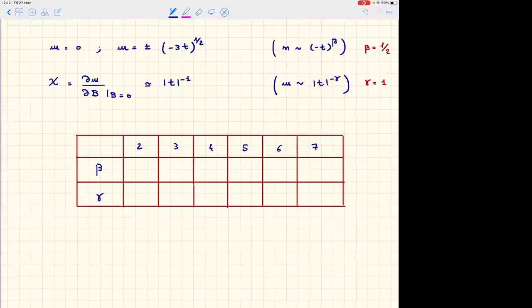Now, let's see what the critical exponents are. The true critical exponents for the Ising model in 2 dimensions: I get 1/8, this is the exact result, and 7/4. The 2-dimensional Ising model is exactly solvable, another example of an exactly solvable model.